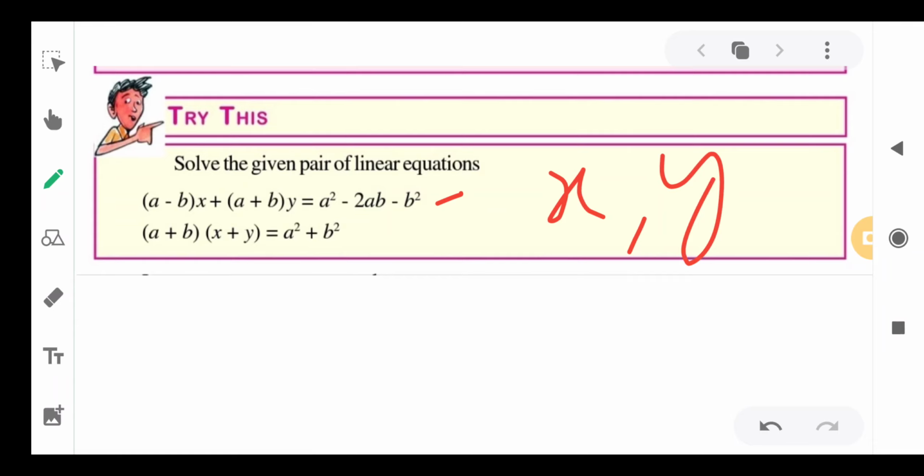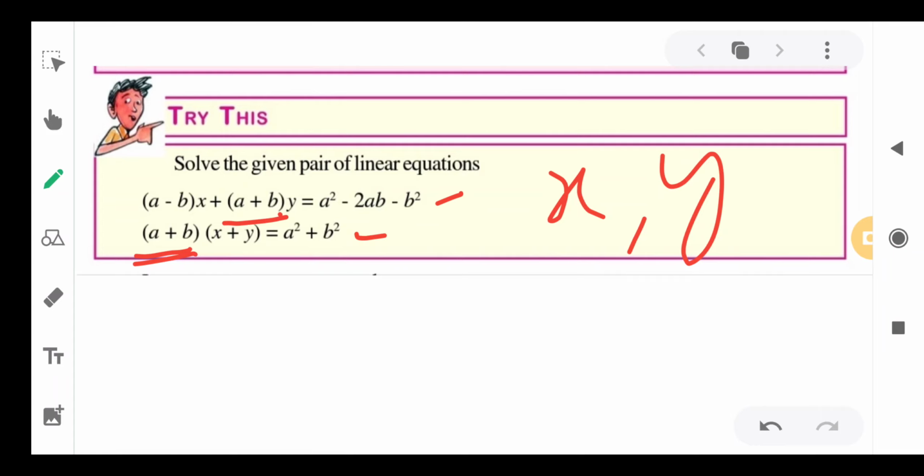Okay, so now what we shall do is first expand the second equation. The reason is that when I expand the second equation, (a plus b) into x will come and (a plus b) into y will come. Because here a plus b is there, here a plus b is there, either we can add or subtract to eliminate.